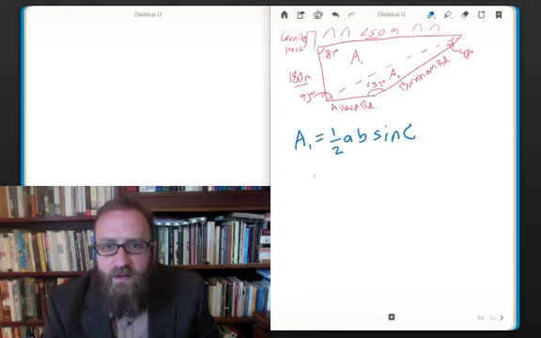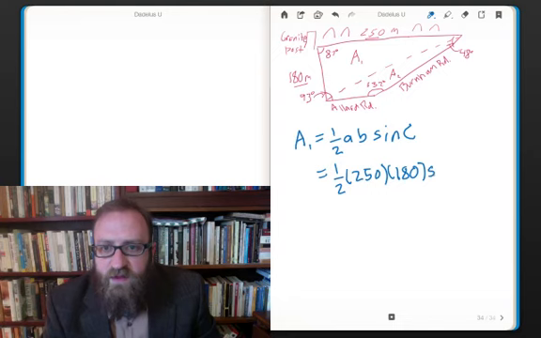So what does that mean here? That means 1/2 is the constant times that 250 meters along the top times the 180 on our left, times the sine of the included angle, in other words, the sine of the one formed by those two sides, which we discovered on the previous page was 87 degrees.